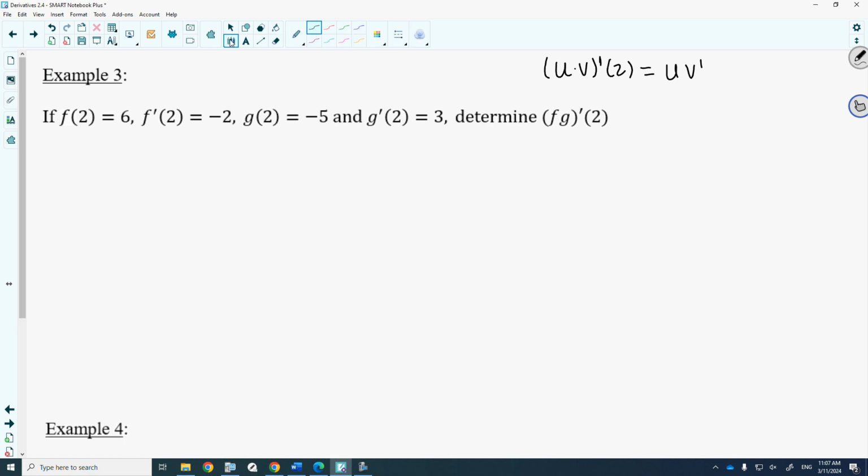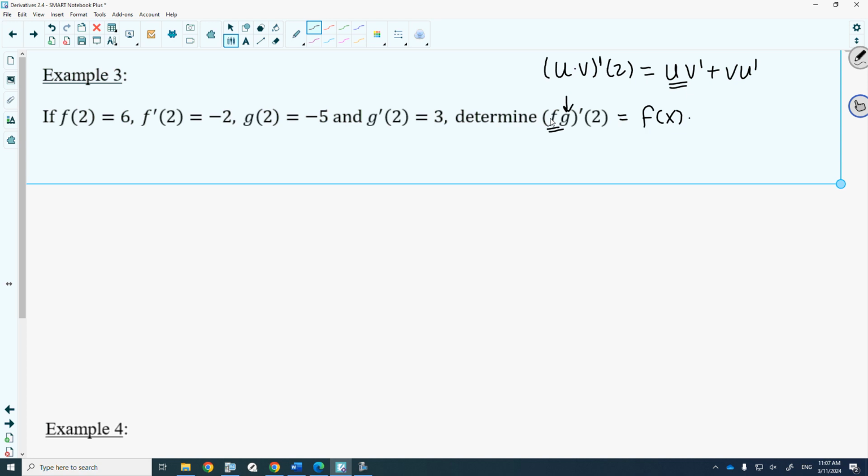That's the derivative. So what we're evaluating, I'm going to use f's and g's though. So uv prime, it's going to be f of x, so that's u. v prime is the derivative of g.